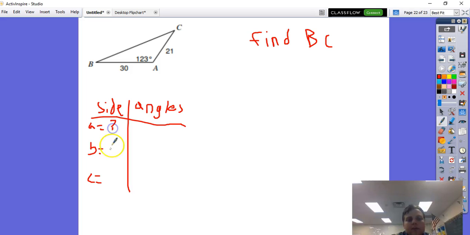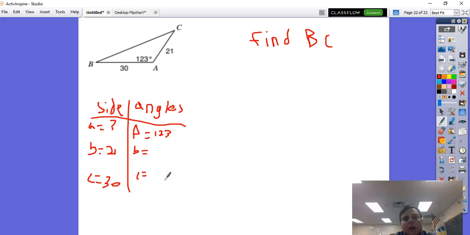Side little b, that's the side across, so that's 21. Side little c, that's the side across from angle C, so that would be length 30. Then capital A, that's the angle, 123. Capital B, I don't know, and capital C, I don't know.